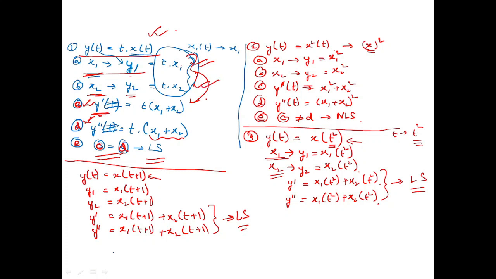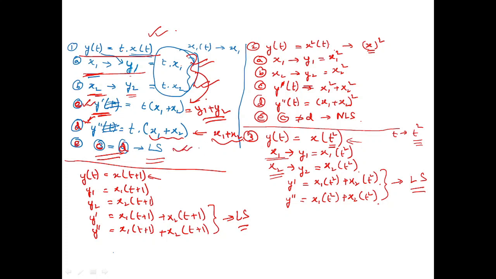Then y dash is nothing but the addition of y1 and y2. Right? And in the third case, y double dash is the addition of the inputs, and in the place of x we have put this addition. Now both of these should be equal. We have seen in the example here C and D are equal, right? So this is a linear system.